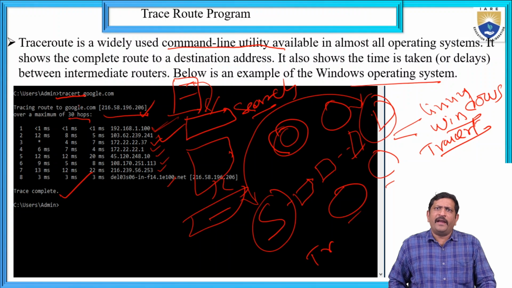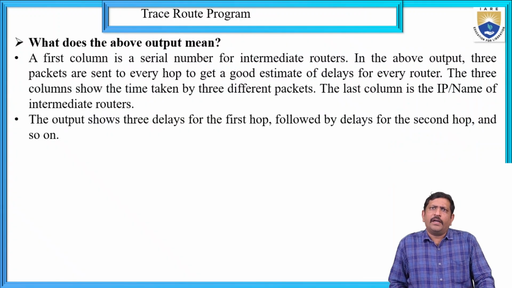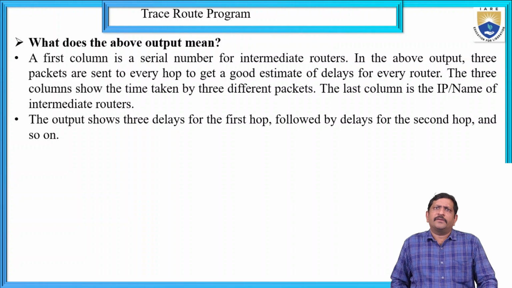The traceroute command can be applied in any operating system. We may utilize it in a Linux operating system or Windows operating system or any operating system. What does the above output mean?